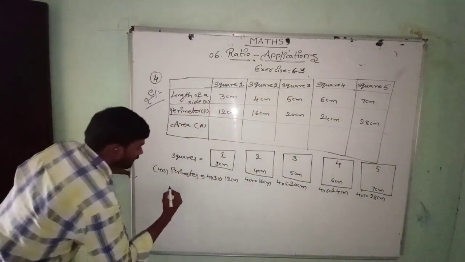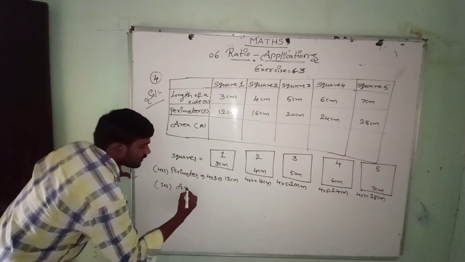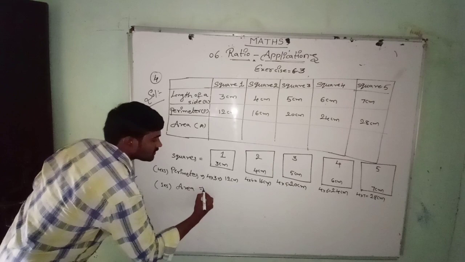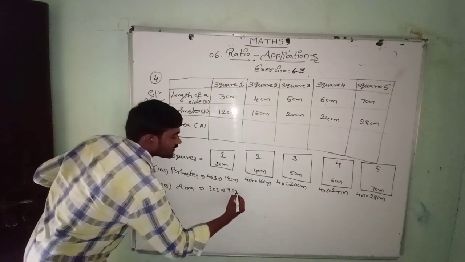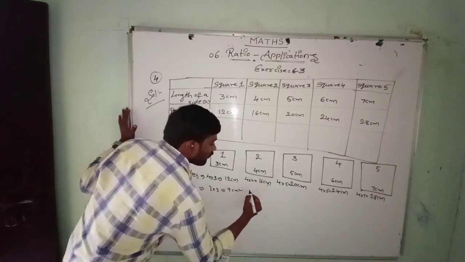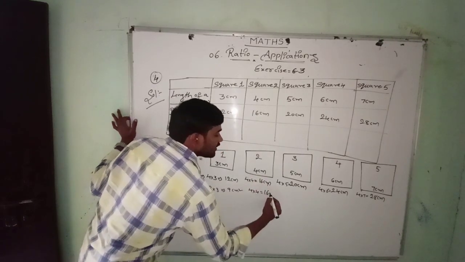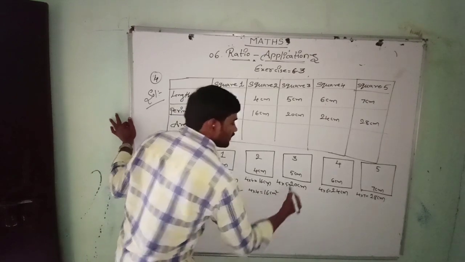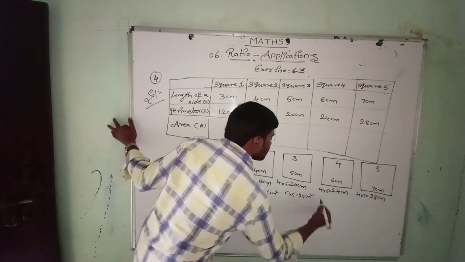The area, in the sense, the formula is side into side. Area of square, side into side, is 3 into 3, that equals 9 centimeter square. 4 centimeter into 4 centimeter, 4 into 4 is 16 centimeter square. Now here 5 into 5 equals 25 centimeter square.